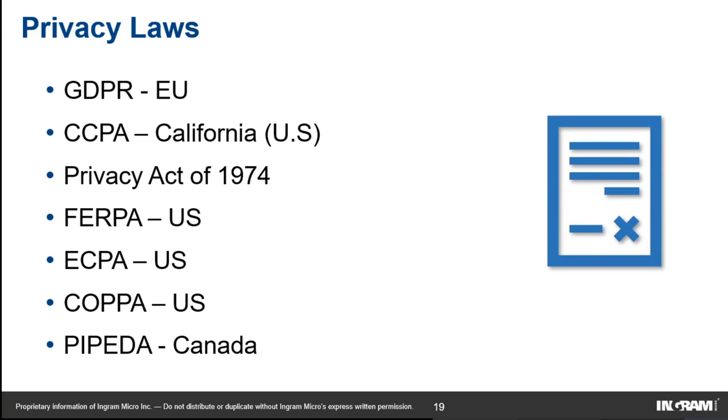FERPA is for the US when it comes to protecting educational things, the kids and other activities. ECPA is again from the US when it comes to electronic related protection. COPA is again from the US, and PIPEDA is a privacy law of Canada. These are some of them, to name a few.